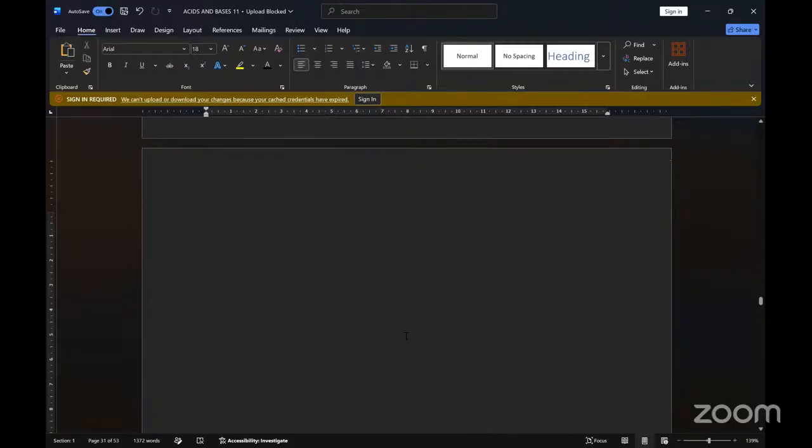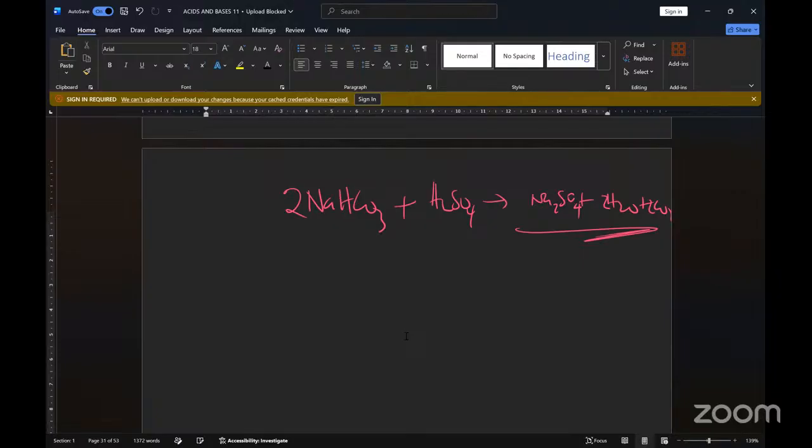So, 2 sodium hydrogen carbonate plus sulfuric acid should give us sodium chloride plus water plus carbon dioxide. This is 2, this is 2. I mean sodium, not sodium chloride, sodium sulfate. Sorry. I'm not really interested in this side. I'm interested in this one and this one.